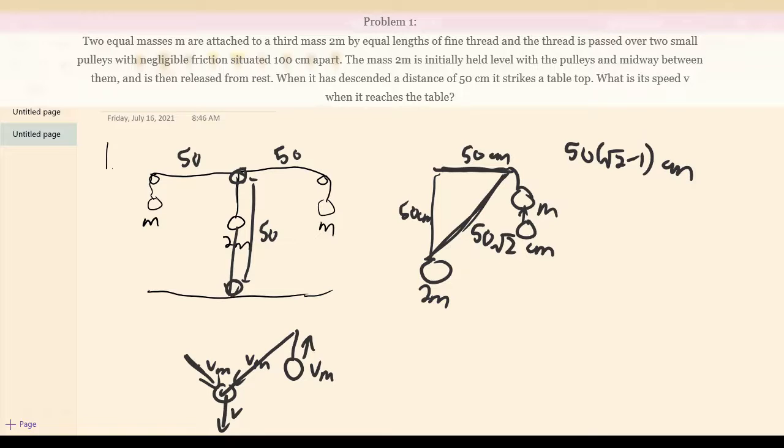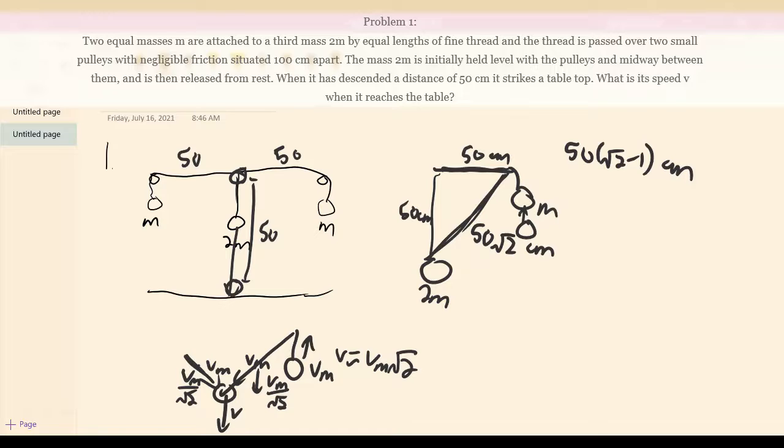Now it should be pretty simple to find the relationship between v and V. The vertical component of v is just v times sine theta, which in this case is 45 degrees, so it is V over square root 2. And this is also V over square root 2. Added together, it becomes V square root 2. So that's what v is equal to.